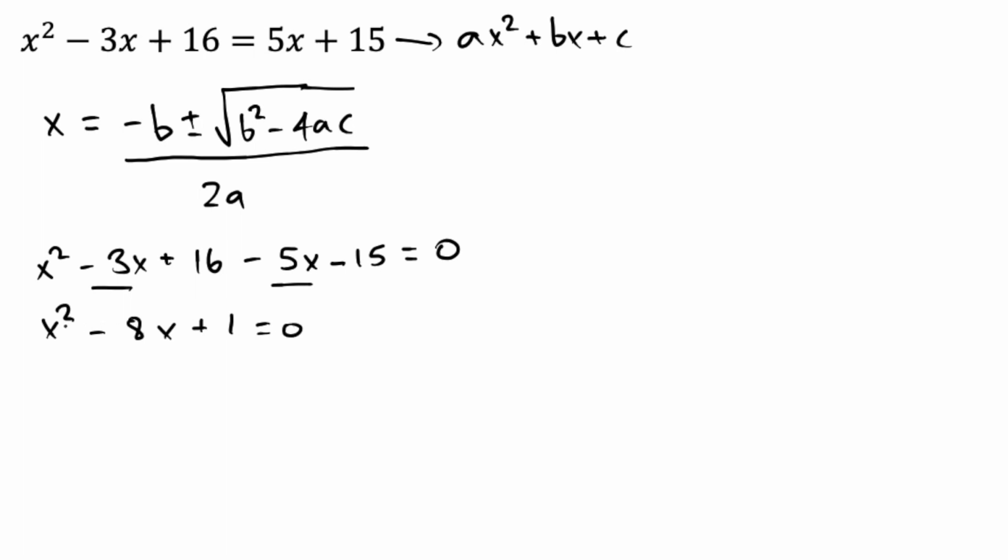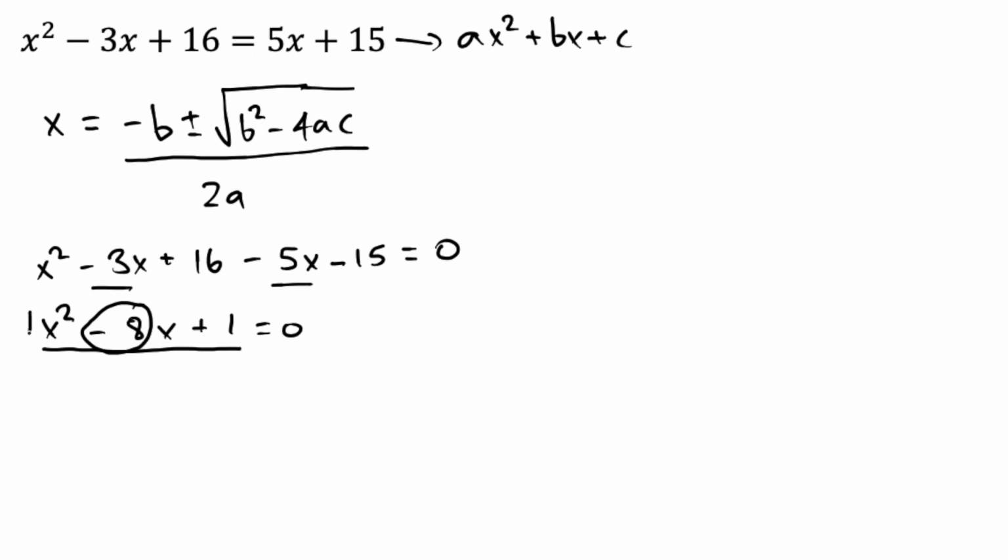So this is our quadratic equation that we need to solve using the quadratic formula. Sorry for my mistake. So let's recall, with our equation, we know that this negative 8 is our b term.